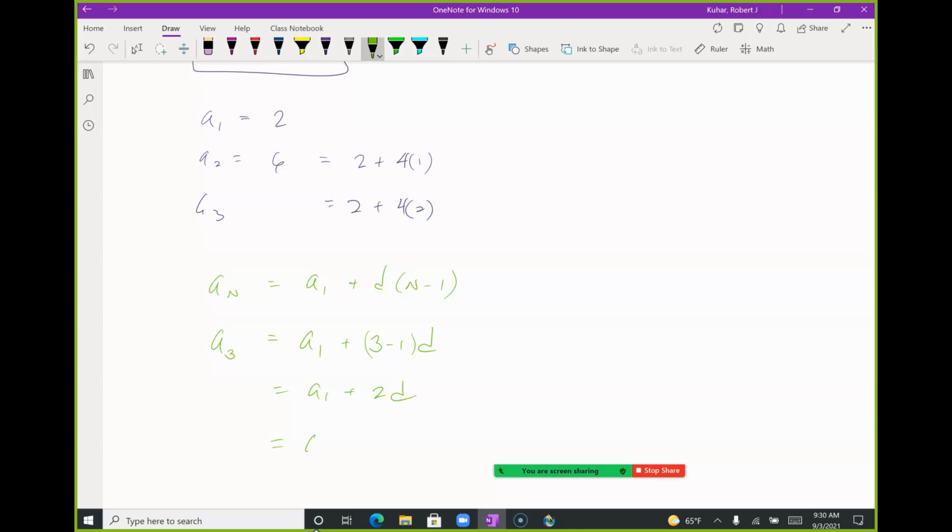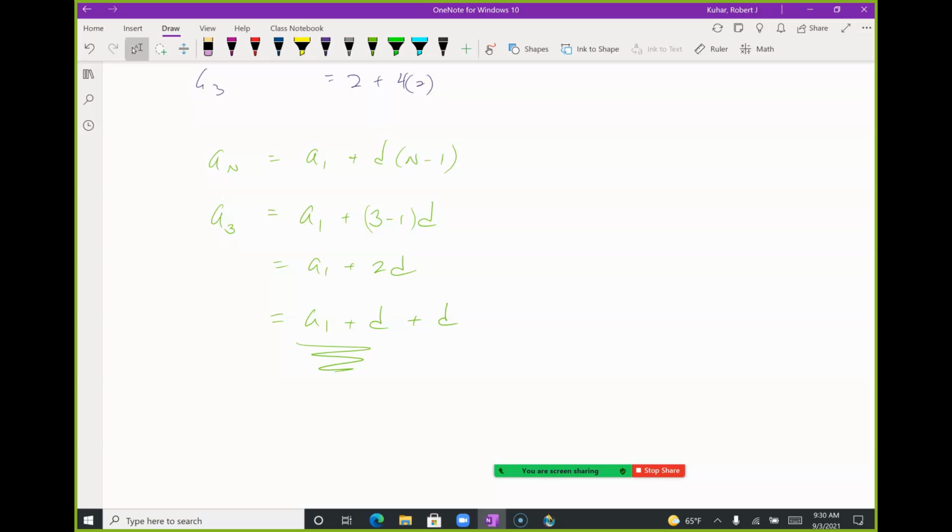Well, a sub 1 plus d, what is a sub 1 plus d? How did I get my next term? I added d, right? So a sub 1 plus d is a sub 2. So a sub 3 is really a sub 2 plus d. So here's my recursive: a sub n is a sub n minus 1 plus that d.